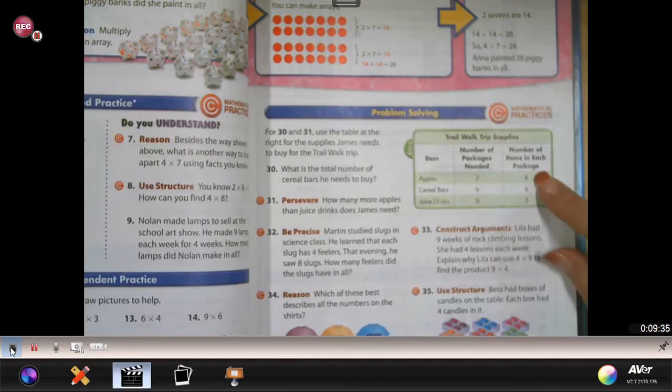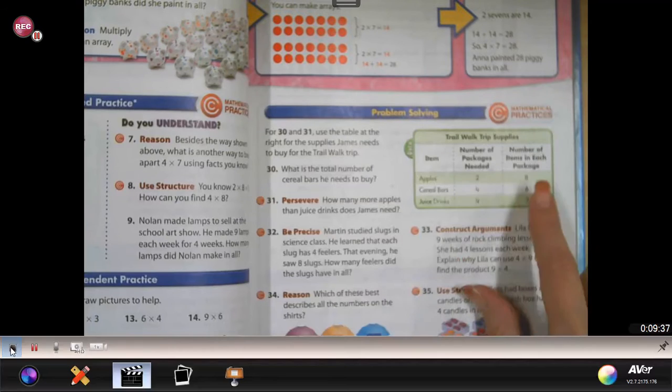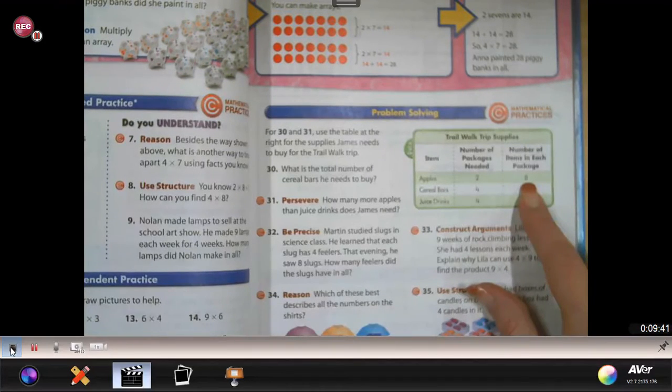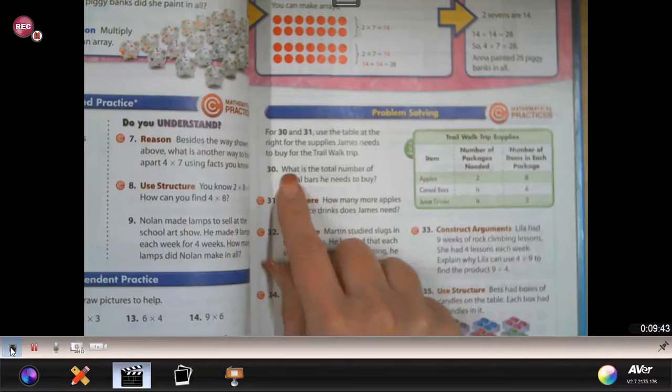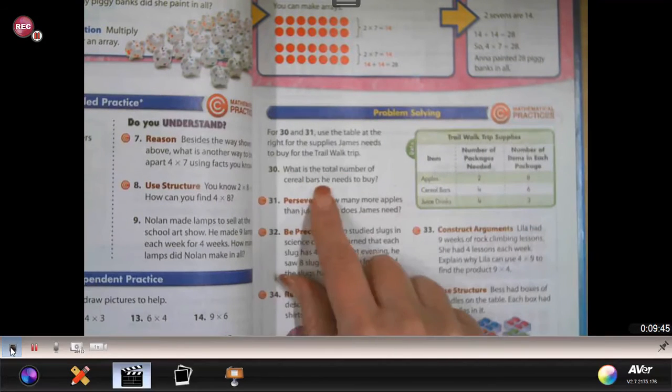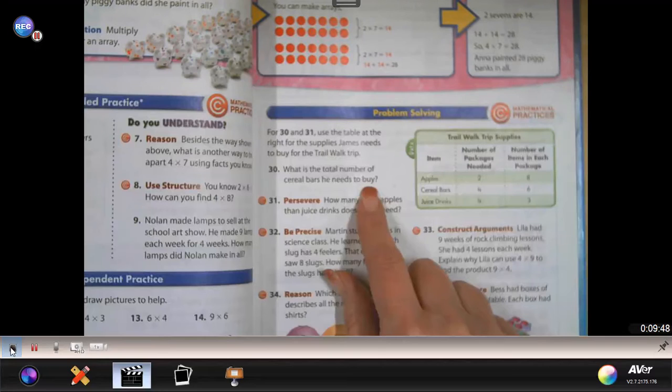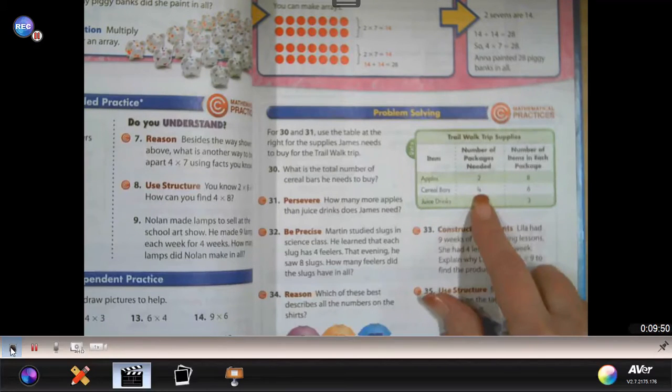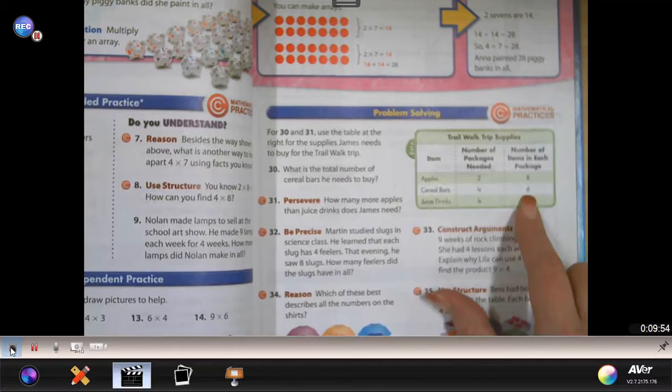So we know that when we have groups and we have an equal number in each group, this is an example of multiplication. So in this case, what is the total number of cereal bars he needs to buy? Well, we have 4 packages that he's buying, and he's going to have 6 in each. So if we use our multiplication of 4 times 6, 4 times 6 is going to give me 24.